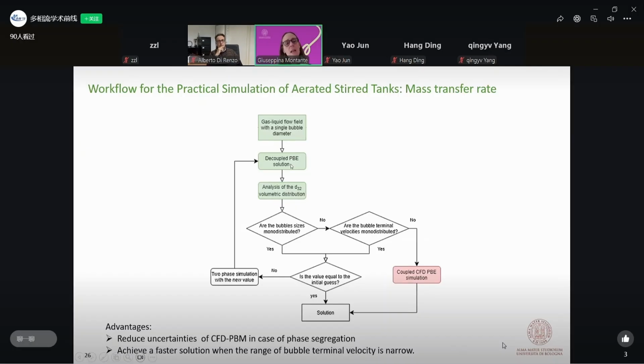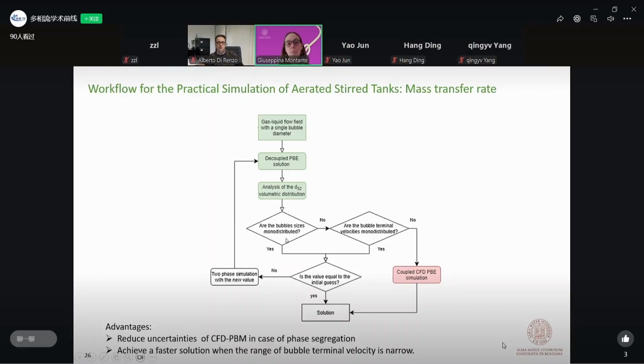population balance with the two-fluid model equation. And at the beginning, we can start from the solution of the flow field obtained with a single bubble size that we obtained, as I just told, with the monodisperse assumption in the two cases as before. We solve the coupled population balance solution, and we analyze the volumetric distribution of the Sauter diameter.